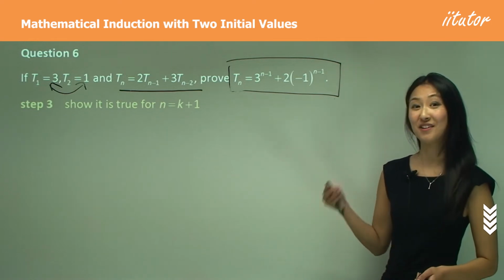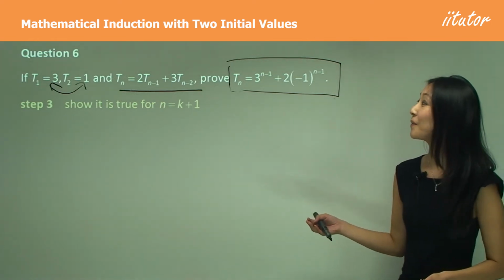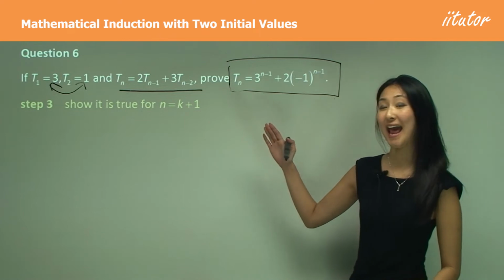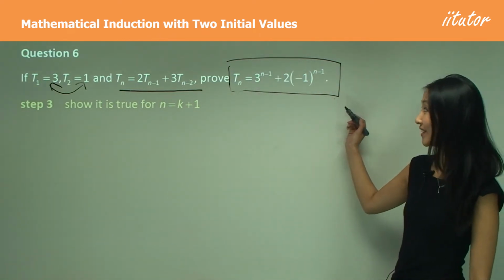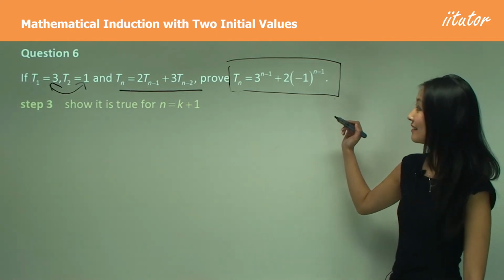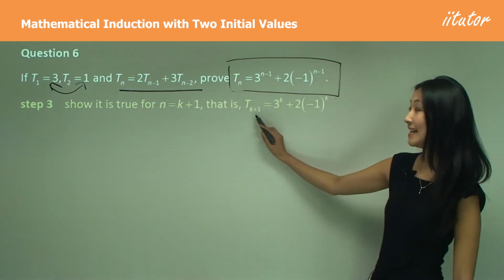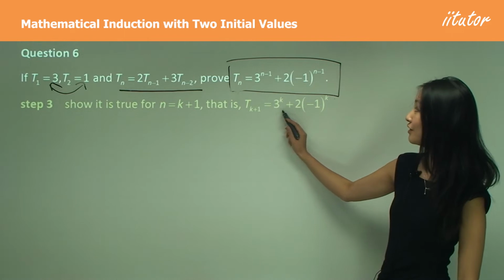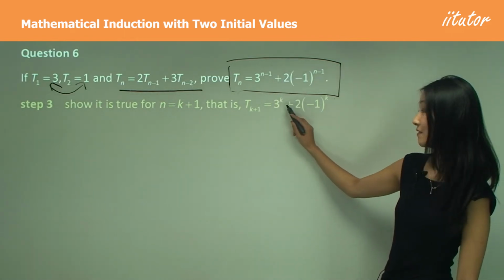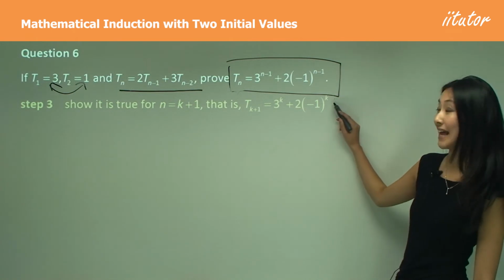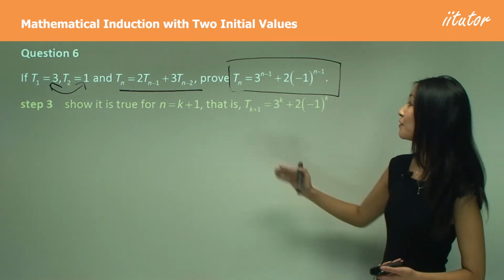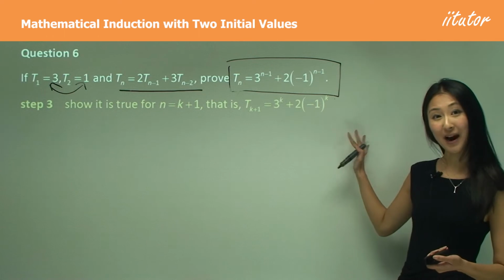So now we can move on to step 3, where we want to show that it is true for n equals k plus 1 for this equation over here. So substituting in k plus 1, we have t_(k plus 1) equals, k plus 1 minus 1 just gives me k, and over here k plus 1 minus 1 gives me k as well. So I want to prove that the left hand side equals the right hand side.